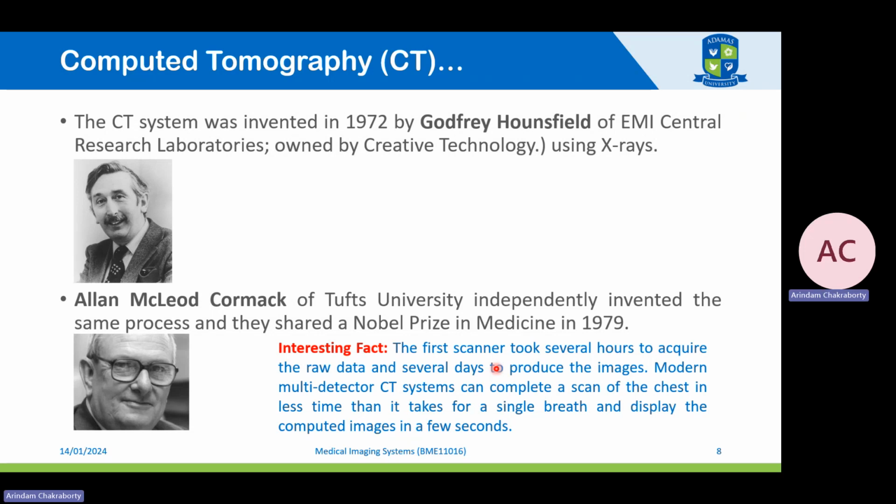Initially, the computed tomography system that was developed was only for imaging of the brain, and the scanner used to take several hours and several days to produce the image, in contrast to the modern day system which can do it in a few seconds or a maximum of 5 minutes.